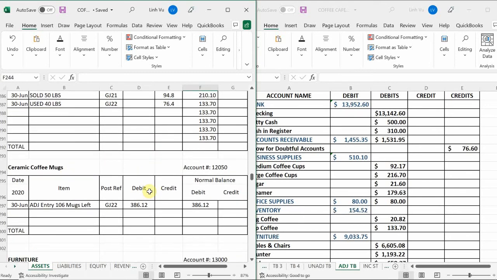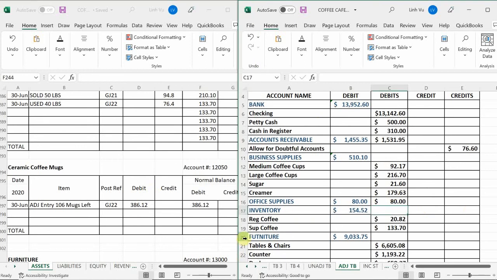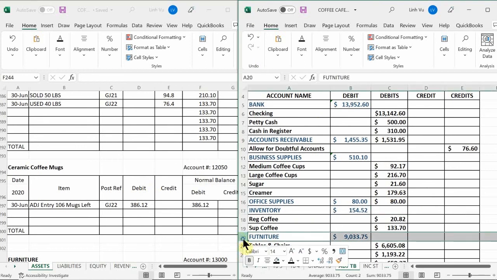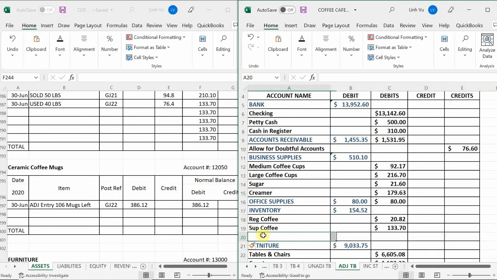But because I did my periodic adjustments, I now have to include ceramic coffee mugs as part of my inventory. So I'm going to click on this row here for furniture, and I'm going to insert another row here. This is going to be the ceramic coffee mugs, which I have for a total of $386.12.